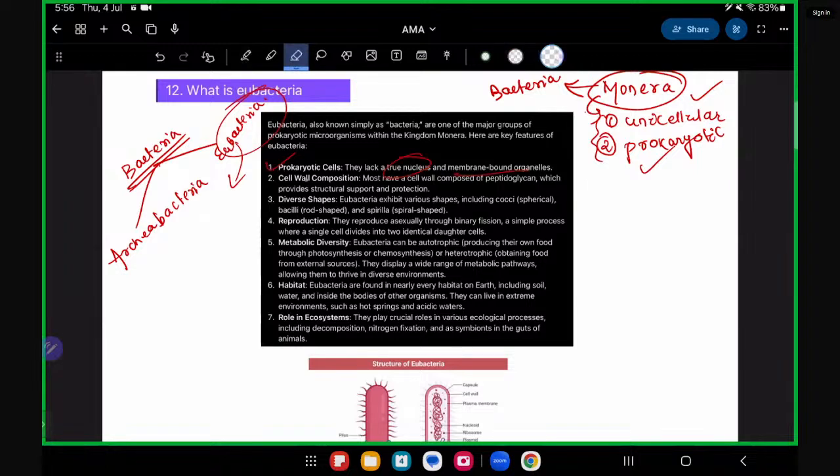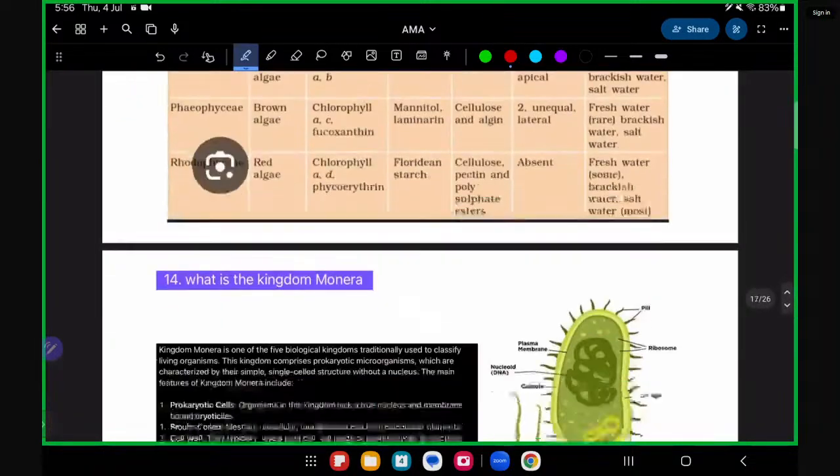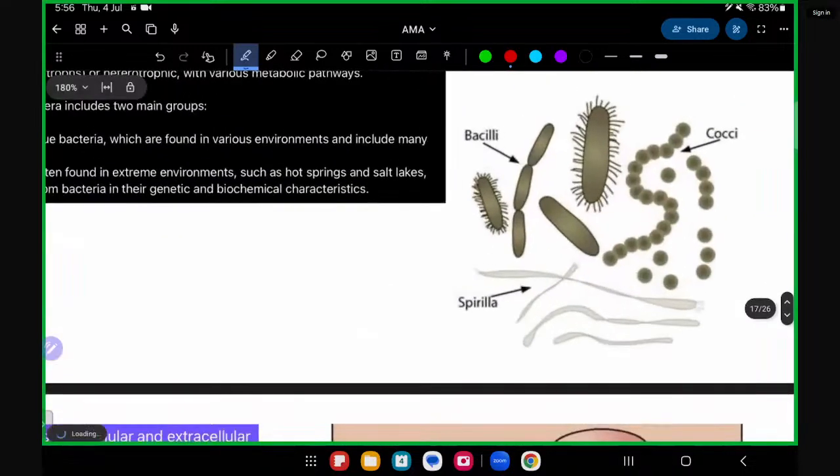Okay. Second point is cell wall composition. Cell wall is composed of what? Peptidoglycan, which provides structural support and protection. Okay. Then bacteria have diverse shapes. Here you can see the diverse shapes of bacteria.